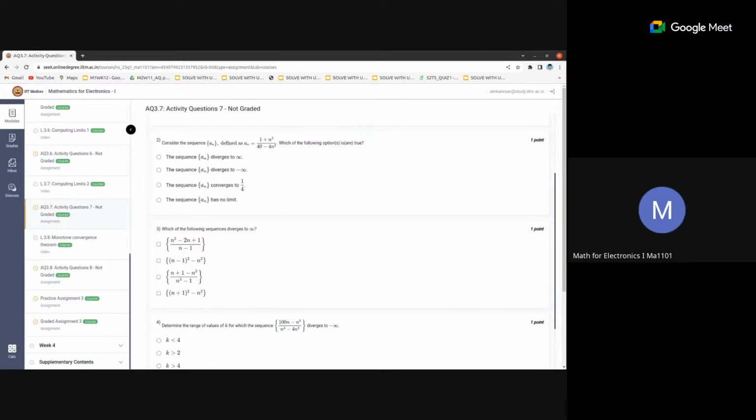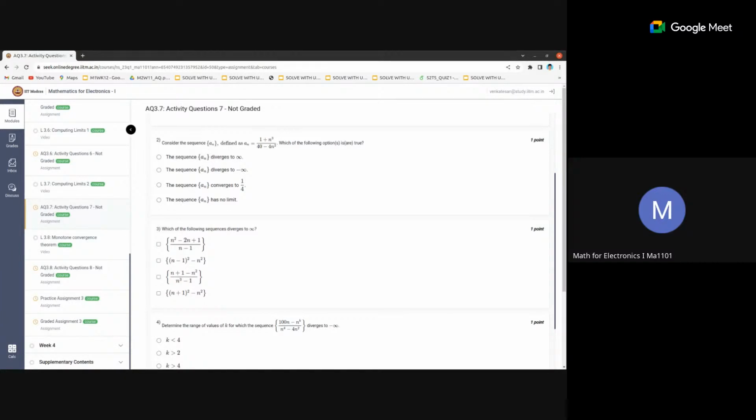Once you see this, you get a sense of how the sequence looks. What will be the first term in the sequence? It will be (1 plus 1) divided by (40 minus 4 times 1), so it is 2 by 36, which is 1 by 18. It will start at 1 by 18.